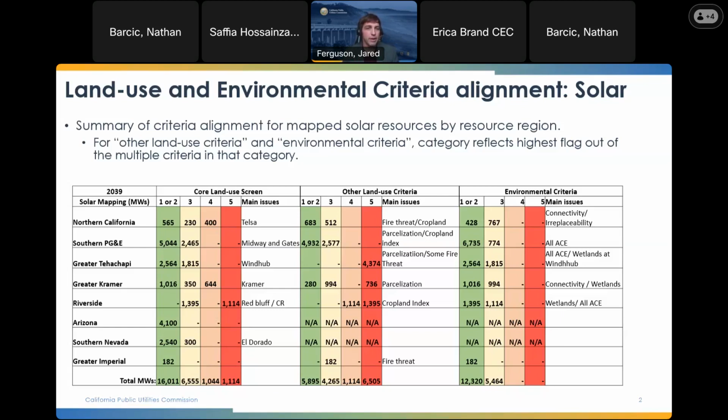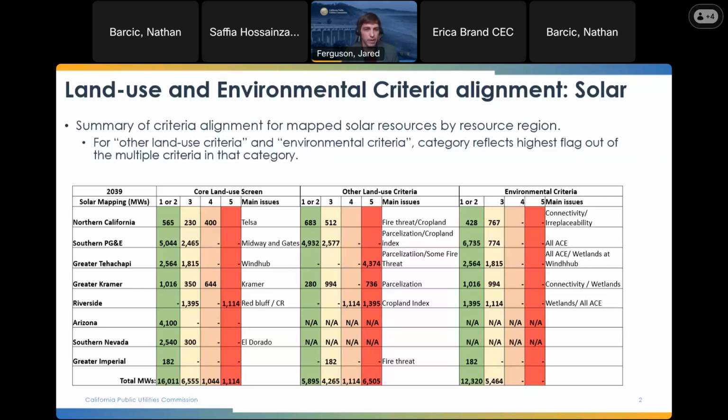So the first set of columns are the core land use screen. That's just one data set, one criterion analysis. And this is summarizing how many resources mapped to that region are at a substation with either level 1 or 2 or a level 3, 4, or 5 criteria alignment with that core land use screen.